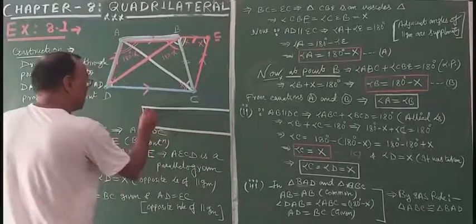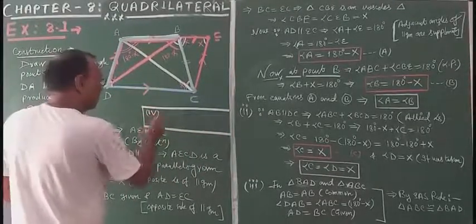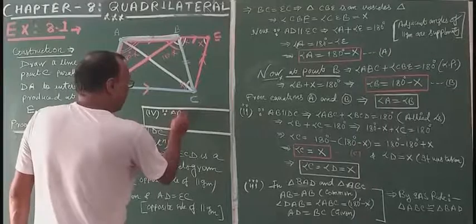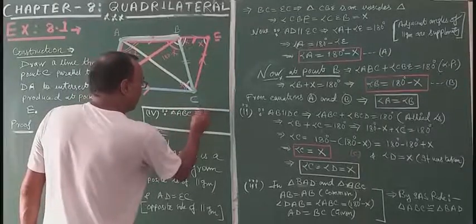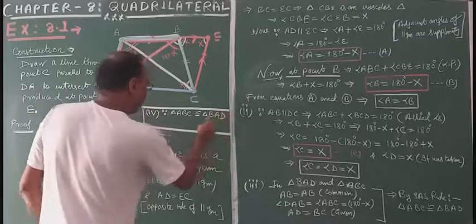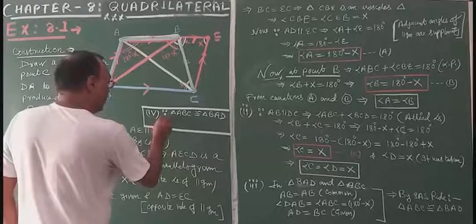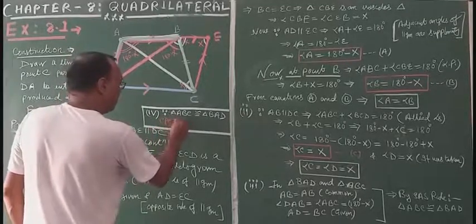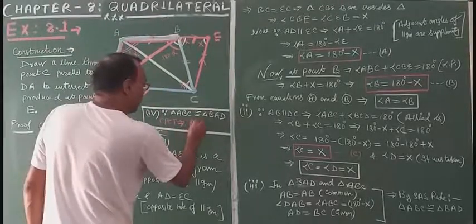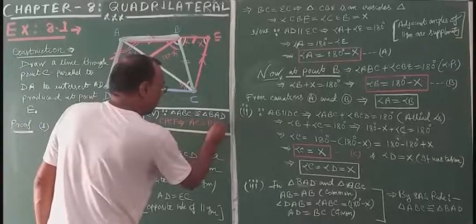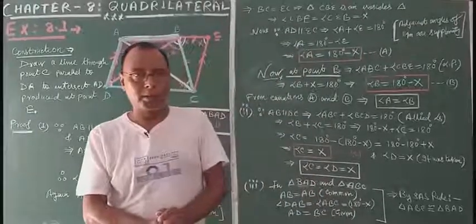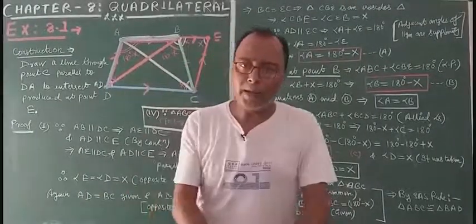Since you have proved triangle ABC is congruent to triangle BAD, therefore, by CPCT, AC will be equal to BD. And this we have to prove in the fourth part: AC is equal to BD.